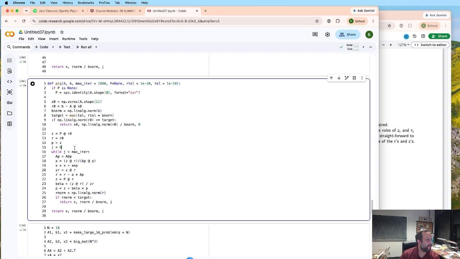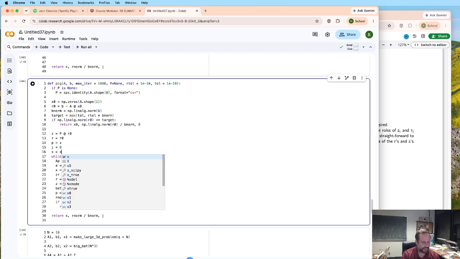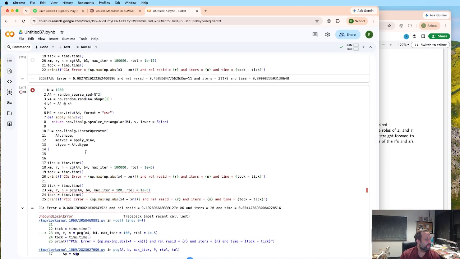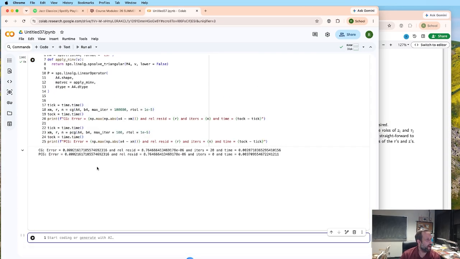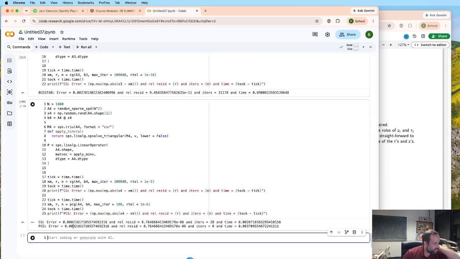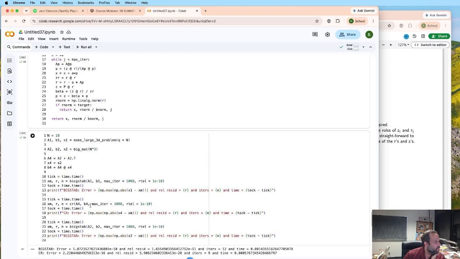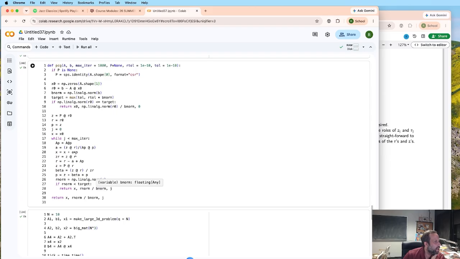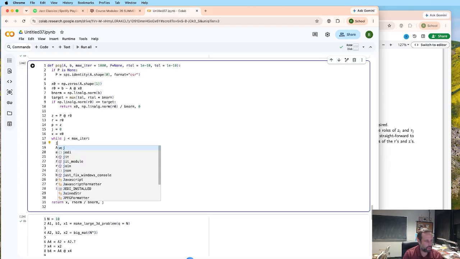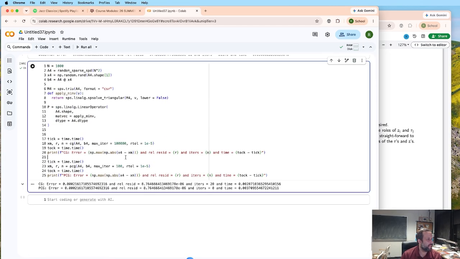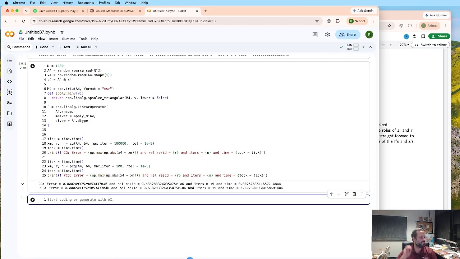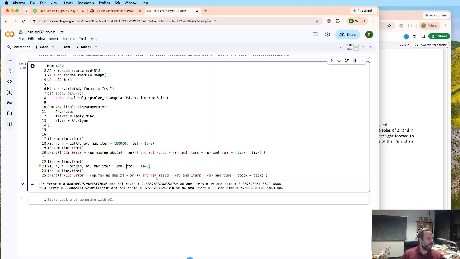Well, this is embarrassing. X is equal to X naught. Okay, there we go. And we get basically the same exact thing because, oh, I didn't update my J's for PCG. Here we go. And we should get the same exact thing for PCG and CG because in exact arithmetic, the unconditioned PCG is just CG.